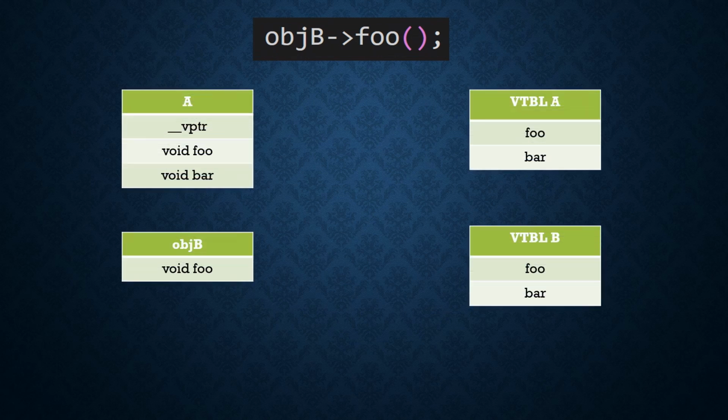Now let's look at what actually happens if we want to call a function called foo from a B object. Of course, we have our objects that we already created, and we have the virtual tables for them. Now, when we want to call this function from object B, we will access the virtual pointer. The virtual pointer will point us to vtable B, because we knew at compile time, and the compiler set virtual table B to the virtual pointer.